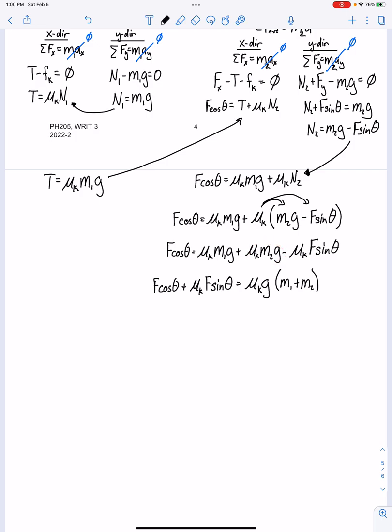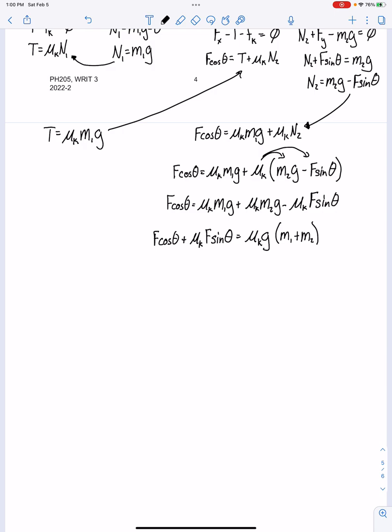All right, so that's the same thing. And over here, we're going to undo the distributive property. We're going to pull this F out and make this F times cosine theta plus mu k sine theta. And that's equal to the right-hand side, which we're not changing.